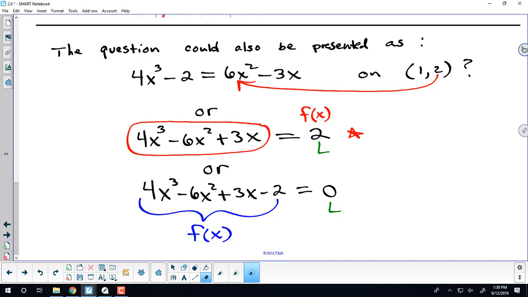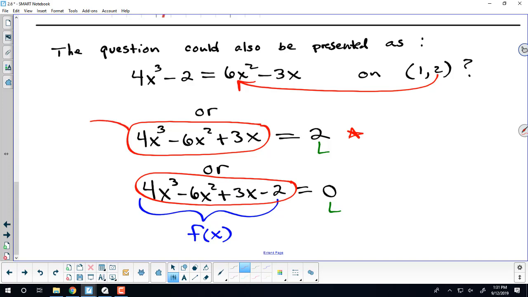You're going to get a different value for this function evaluated at 1 and 2, as opposed to evaluating the other function at 1 and 2. But the principle is the same: is L, which is 2, in between the y values generated at f of 1 and f of 2?